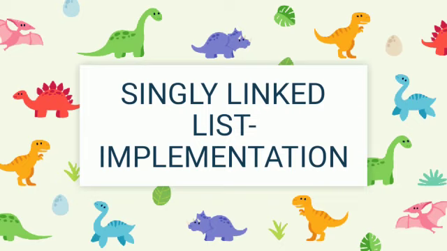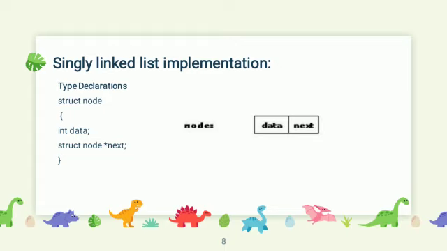Now let's see the implementation detail of singly linked list. First, we define the structure of one node. Here we represent the structure of one node by using the structure concept. In the structure concept, we use a keyword called struct to define the structure of the node.